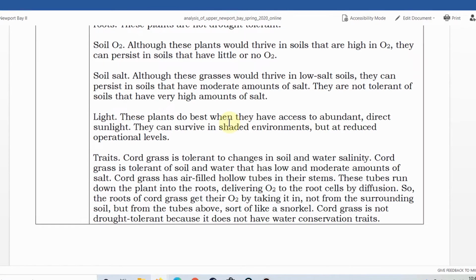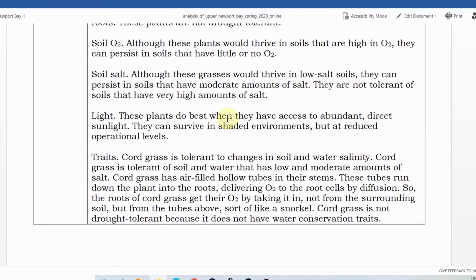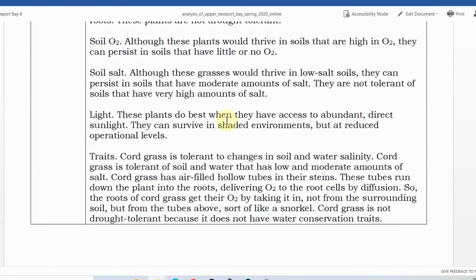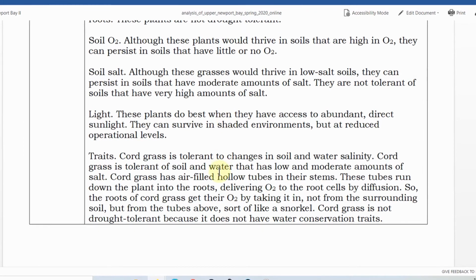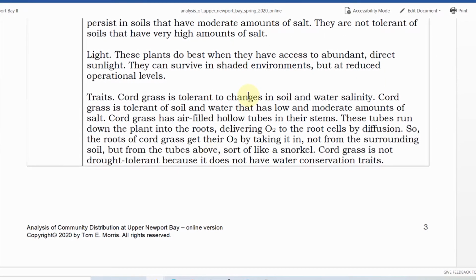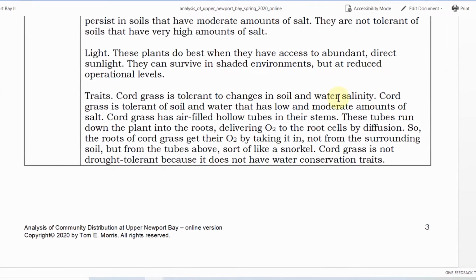Light, just like everything else, these plants grow to maybe 3 feet tall. So if they're in an environment where they are shaded out by other tall plants, then that's going to be a problem for them. So cordgrass has high tolerance for changes in the soil and water salinity.